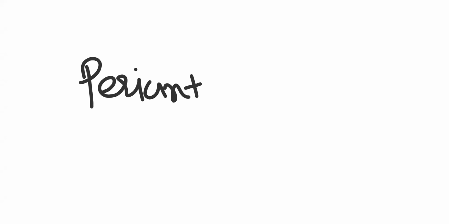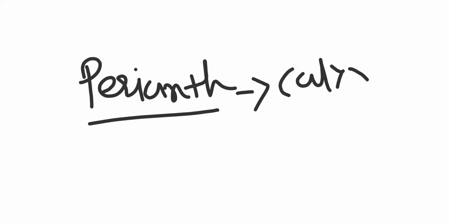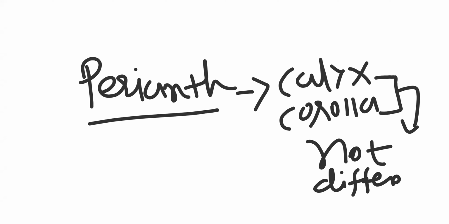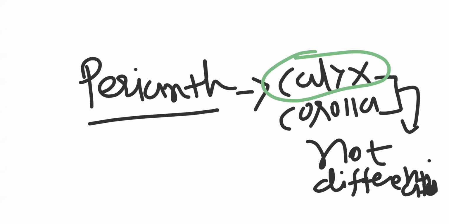That type of condition we call perianth, in which the calyx and corolla are not externally differentiated in appearance because both have the same color. Either both are greenish like a calyx, or both are bright like a corolla.